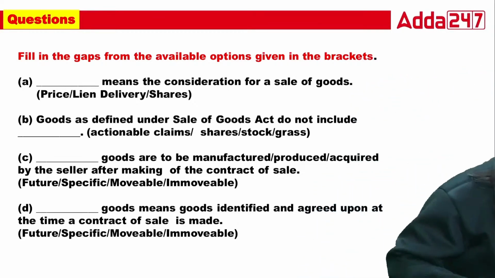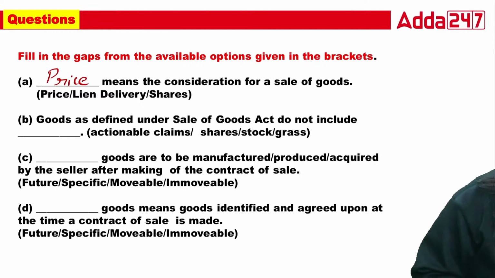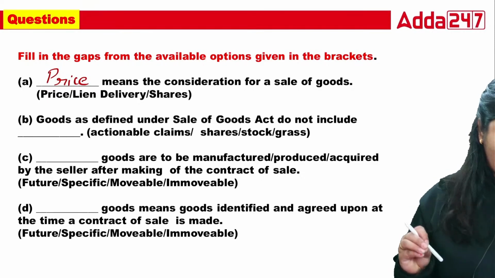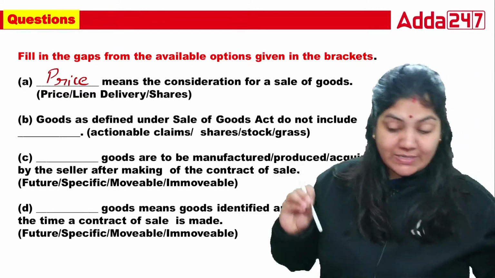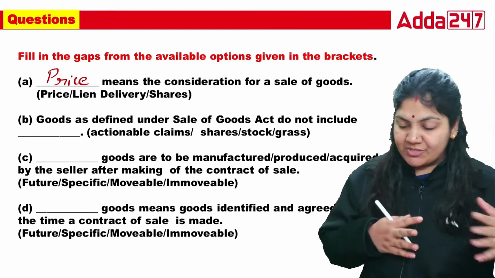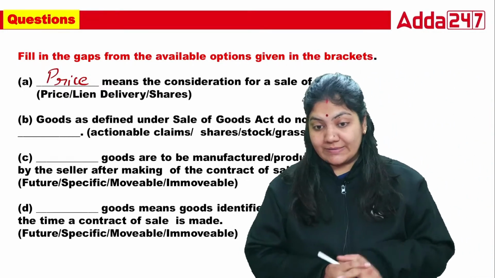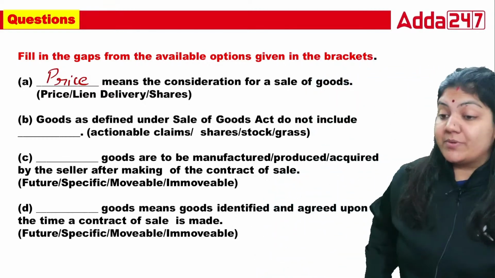So class, in the sale of goods, we have seen that price is the consideration for the sale of goods. Now, goods as defined under the Sale of Goods Act do not include actionable claims. Shares, stock and grass are goods, but actionable claim is not.